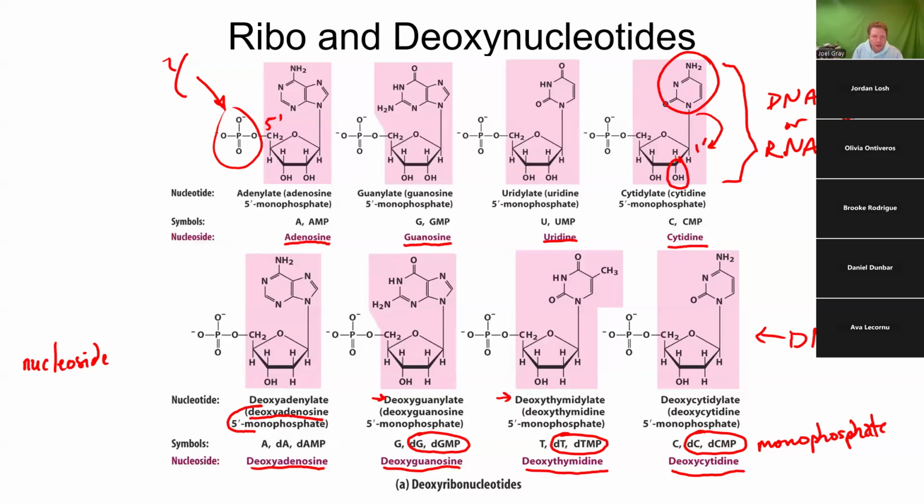The nucleoside name plus, if there's a phosphate there, which is kind of implied here, plus 3 prime or 5 prime, plus the number of phosphates. So something like deoxyadenosine 3 prime triphosphate.